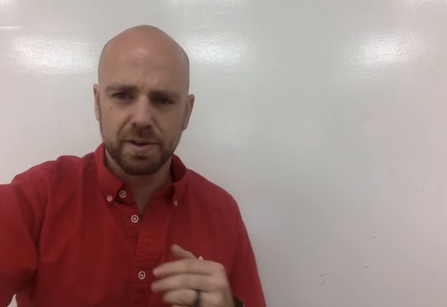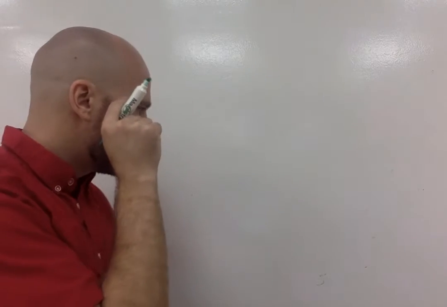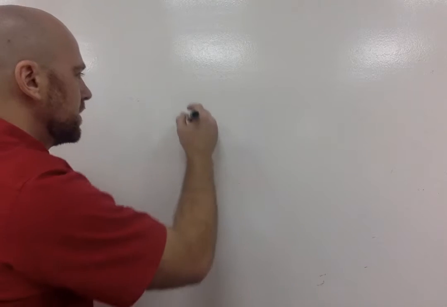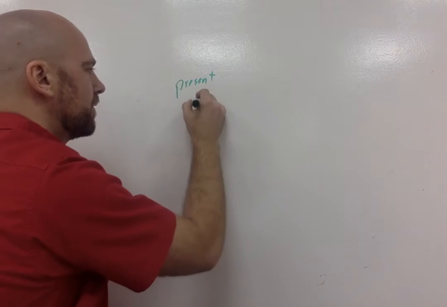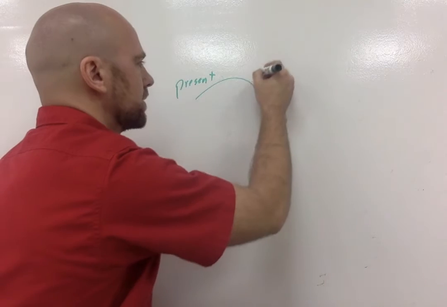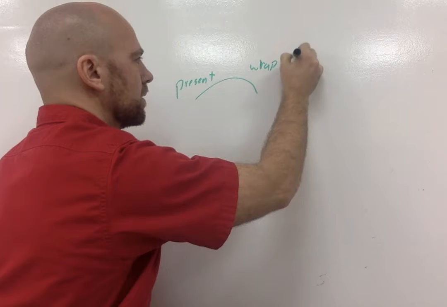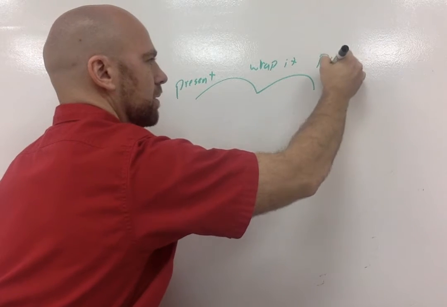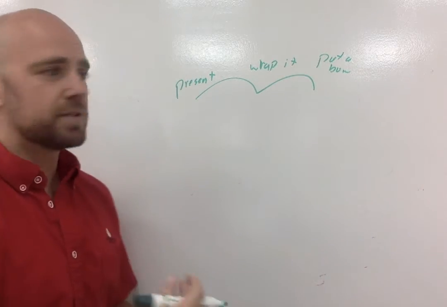So let's try to think about this logically. To undo something, it would have to be done first. So let's say we are going to wrap a present. We're going to start with the present. Then from there, we're going to wrap it. Then from there, we put a bow. So to open the present, we have to do the opposite.